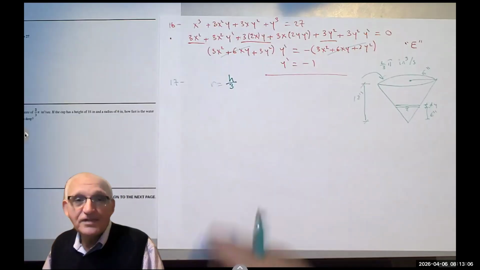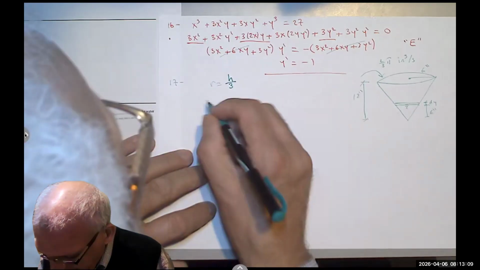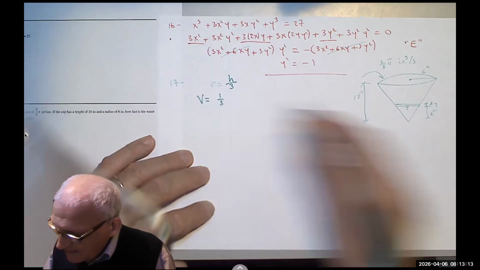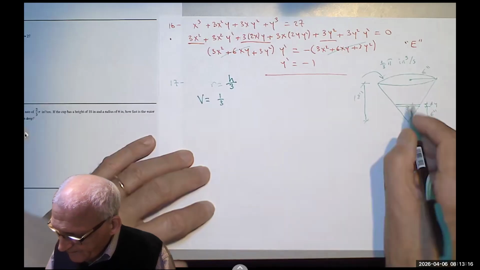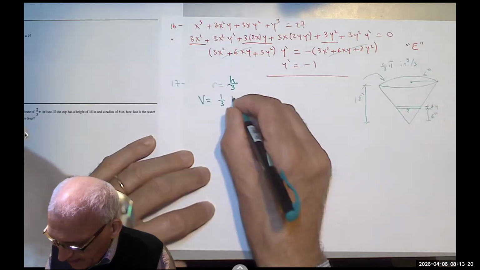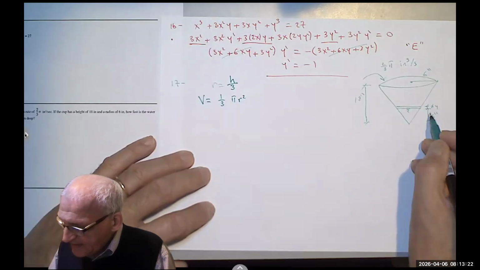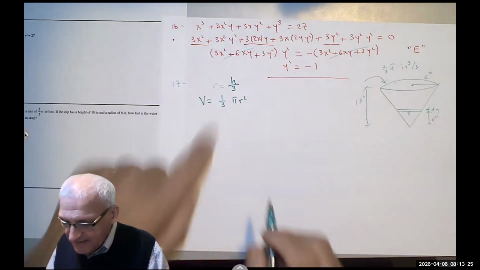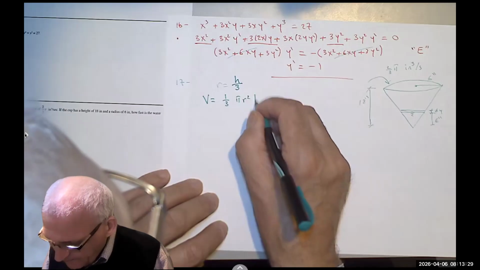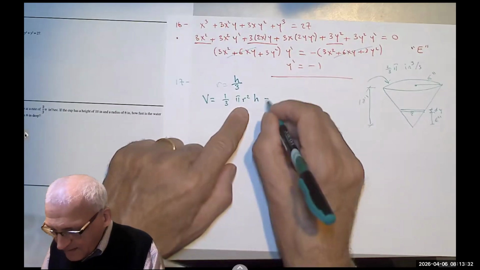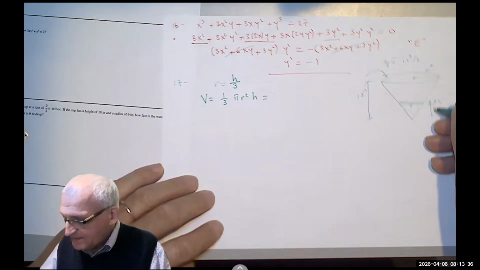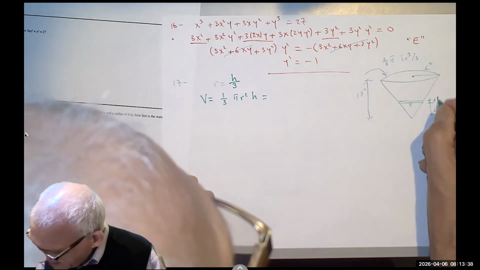So now I have two things. I know that the volume of a cone is 1/3 the area of the base, which at any level is pi r squared, times the height. I want to write r in terms of h because I want to find the derivative, dh.